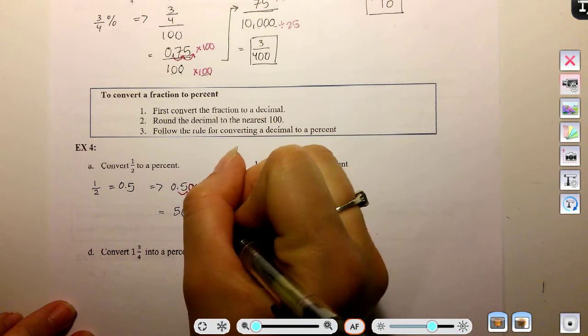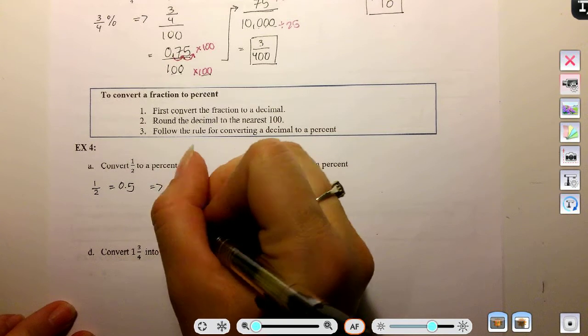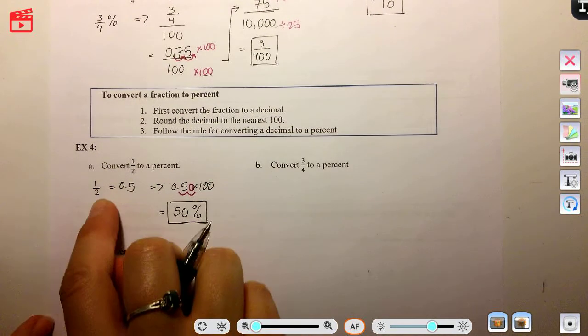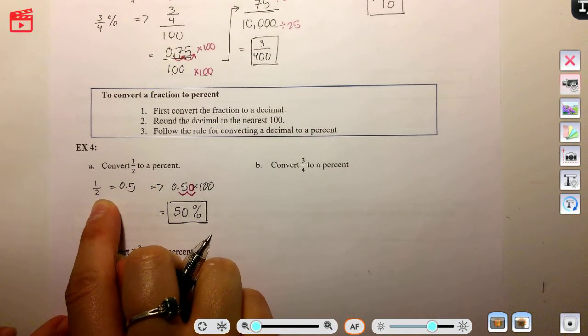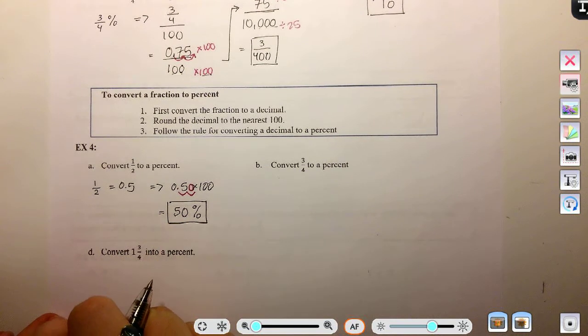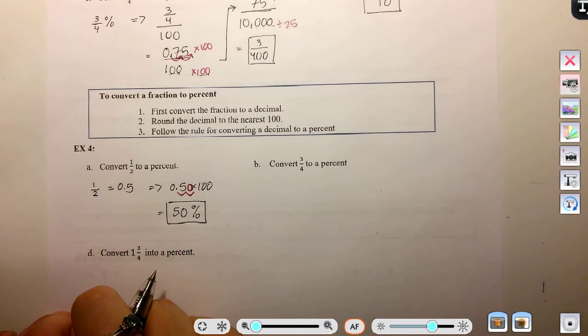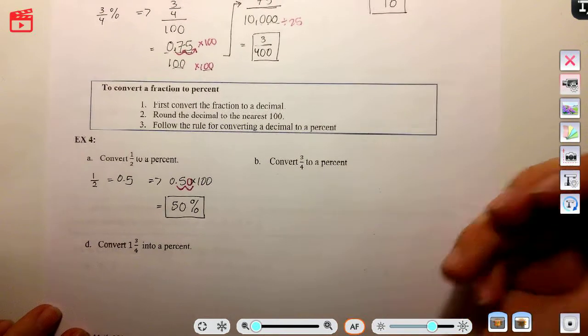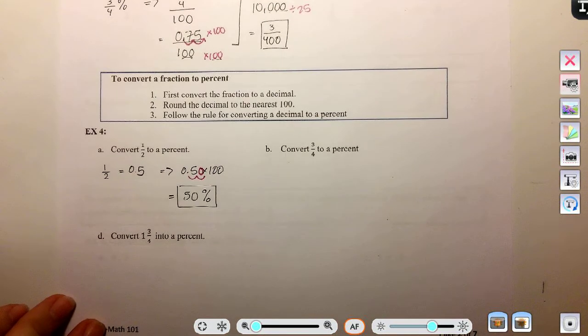Last step, add the percent symbol, so 50%. That makes sense, right? If you got half of the answers correct on your exam, you'd expect to get a 50%. Sounds right. Okay, go ahead and try B by yourself and check back in with me in a second.